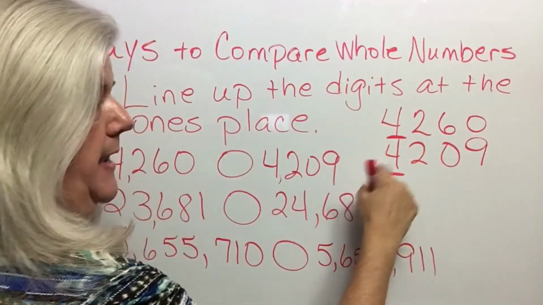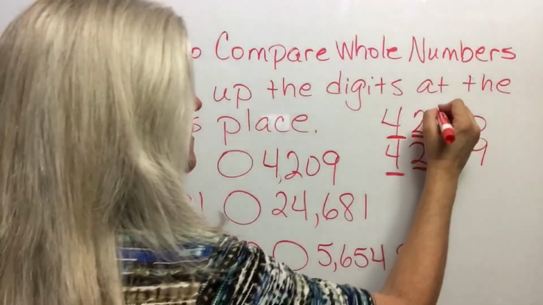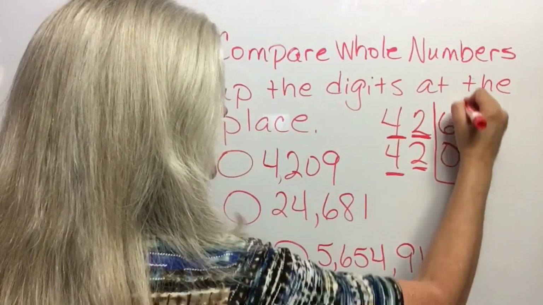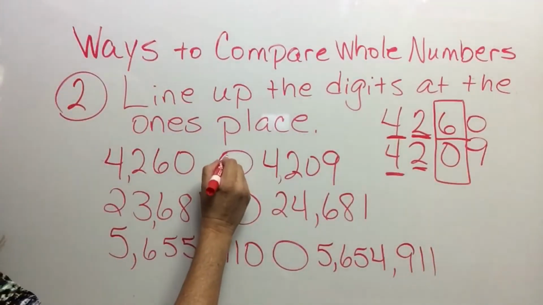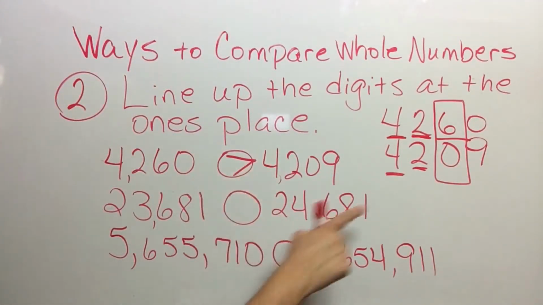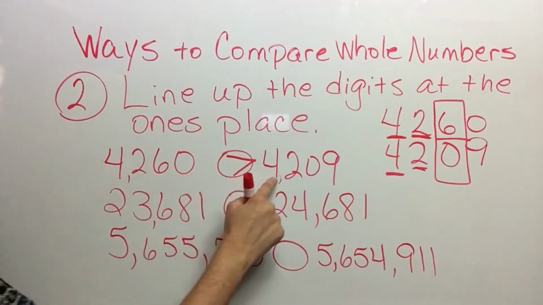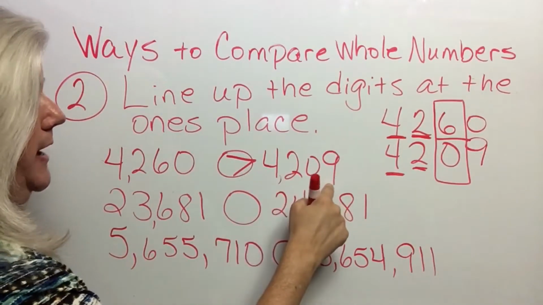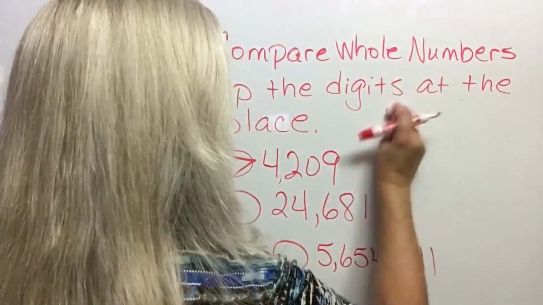The 4s are the same. The 2s are the same. So now we're going to be comparing the 6 and the 0. And we know that 6 is greater than 0. So 4,260 is greater than 4,209.